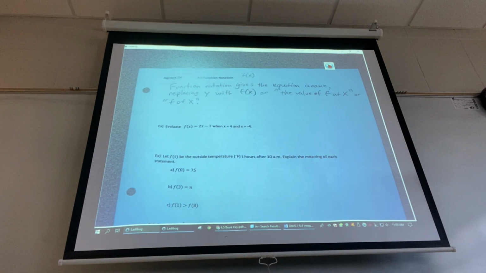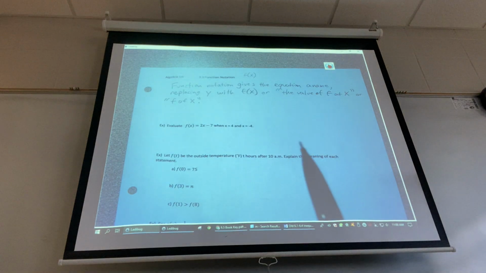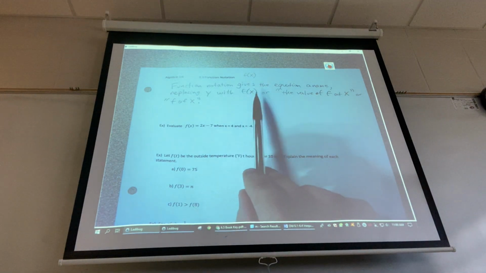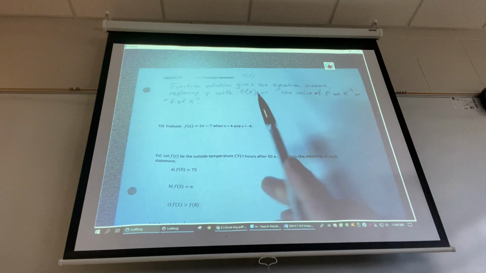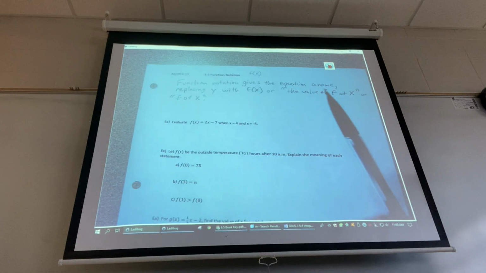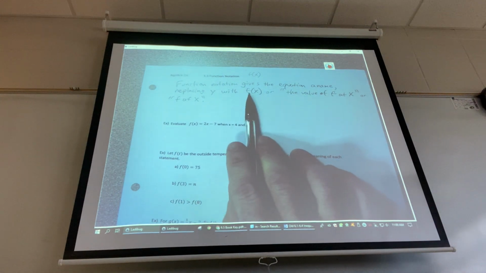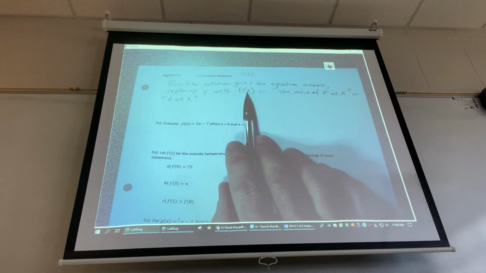Now, here's the thing. The default is to use f of x, but how I was saying it gives it a name, you can use g of x, you can use q of x, you could use y of x if you wanted to. You can call it any other letter that you want, and it helps you to differentiate one from another. Now, it totally looks like I'm saying f times x, but that is not what's going on.